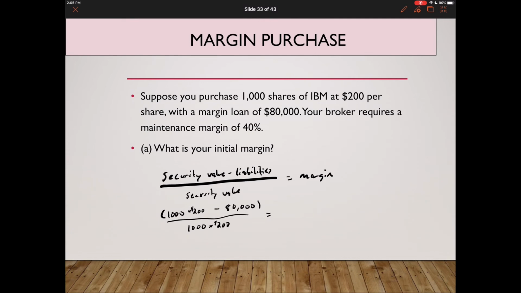And so what we end up getting is 200,000 as the total value of the securities minus the 80,000 margin loan. So my equity would be 120,000, and I divide that by the 200,000 security value, and my initial margin is 60%. Notice that I do exceed the maintenance margin of 40%, and I have an initial margin here of 60%.